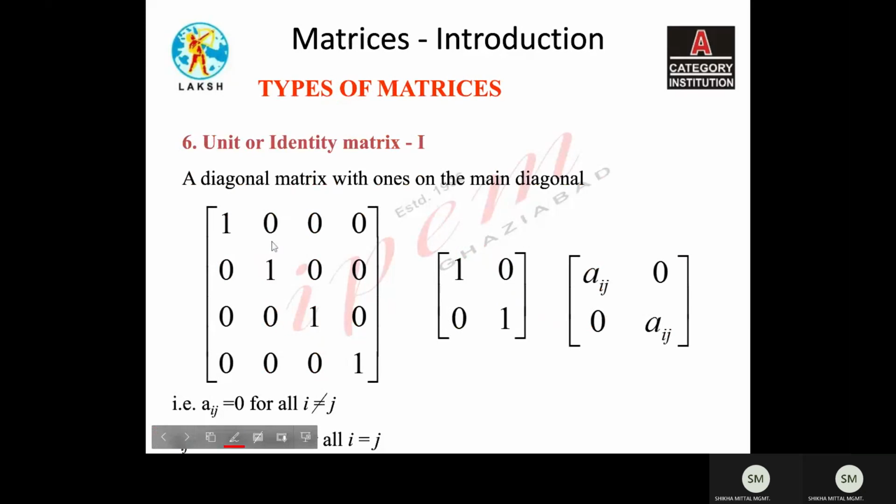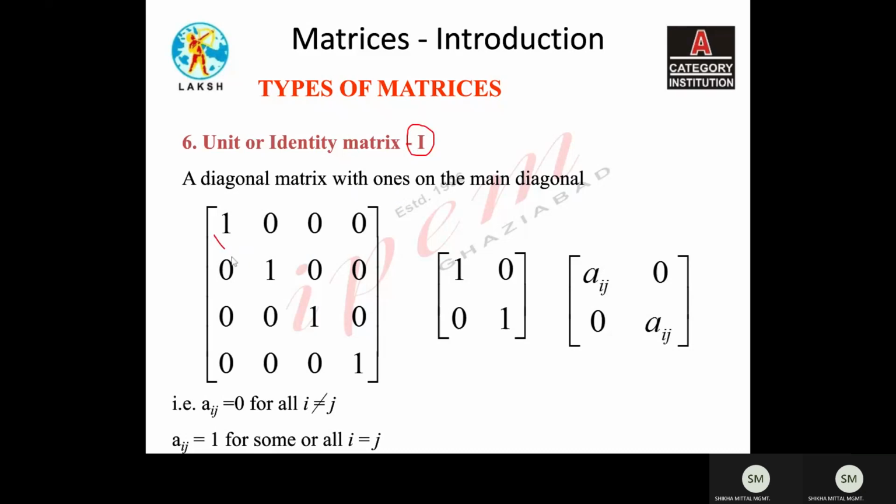The next type of matrix is unit or identity matrix. Unit or identity matrix is denoted by capital I. A diagonal matrix with ones on the main diagonal is known as the unit or identity matrix.